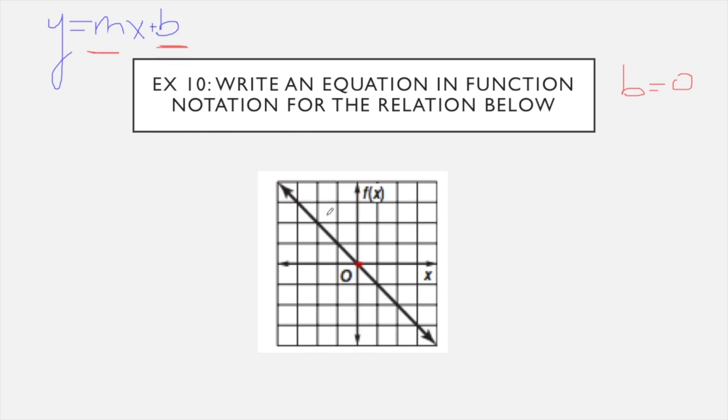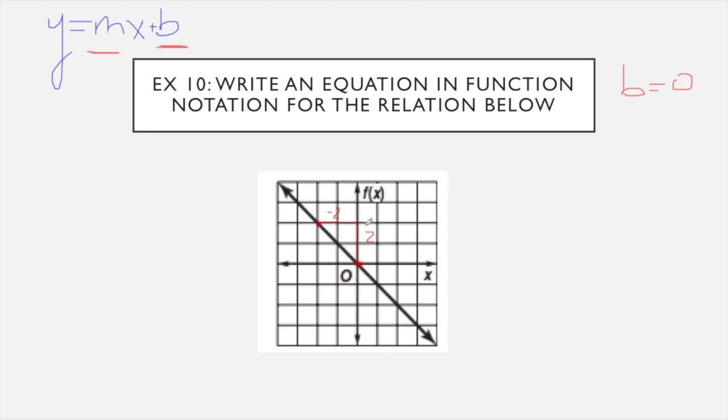So from here, to pick any other point, let's say I pick this point. I'm going to track the changes between these 2 points. So here I see it goes up 2, that's positive 2, and then it goes left 2, that is a negative 2. Because going to the left for x is negative.